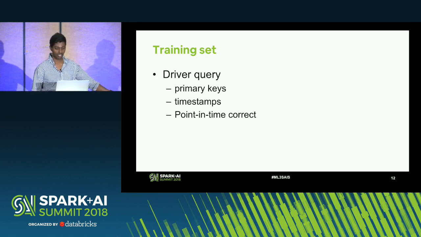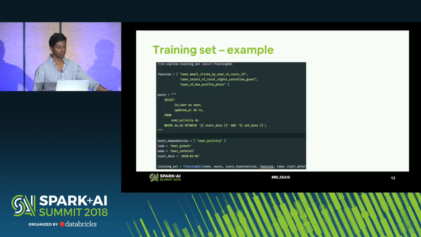Right. Let's look at an example of the training set query. If you notice here, the user provides, so this is a very simplified example. Typical training sets have hundreds of features from different feature sets. So in this thing, you see there are three feature sets in play, three features in play. There is a simple query which gives the primary key, which is the user, and the timestamp for which you want to create the training set for.